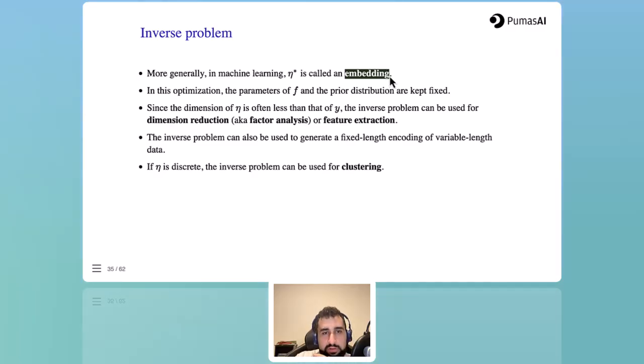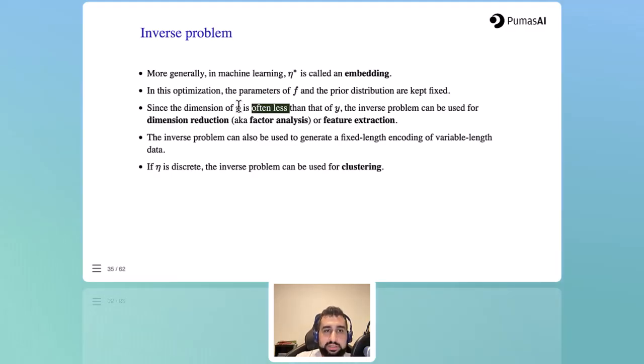Now, in this particular optimization, as I said before, the parameters of f and the prior distribution, which we had already fitted by maximizing the marginal likelihood, are kept fixed. They are not changing in this optimization. And in the specific case where the dimension of eta is less than the dimension of y, I say often less because it's not always less, as with text, or even with pharmacometrics, where I only have 2 observations for a specific subject because they dropped out.